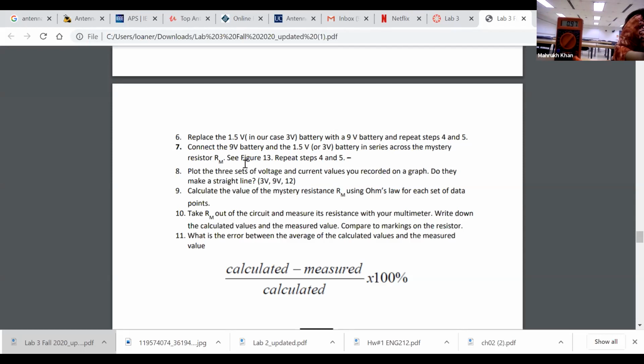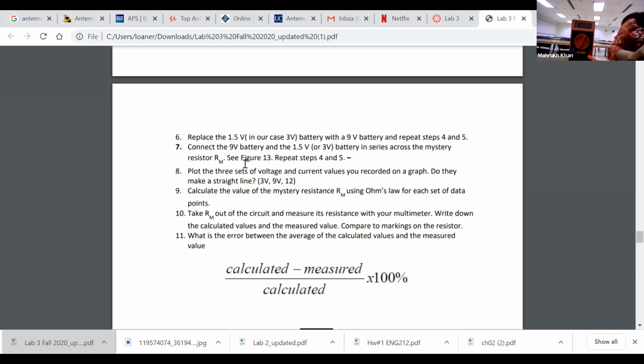It's showing me 0.97. Let me move it to 2K. 0.97K it was showing, right? So 1.0, 1.2, it's showing something like that.